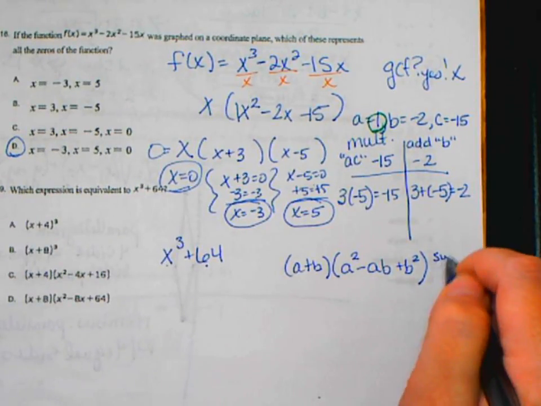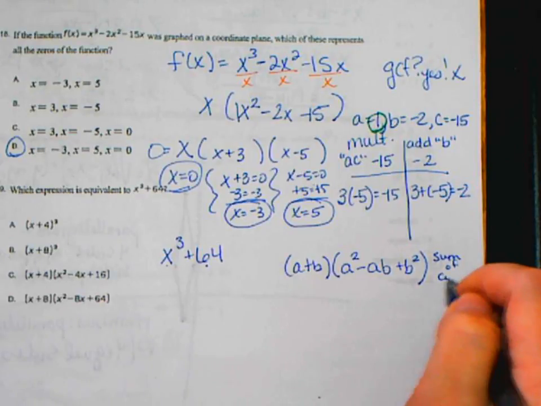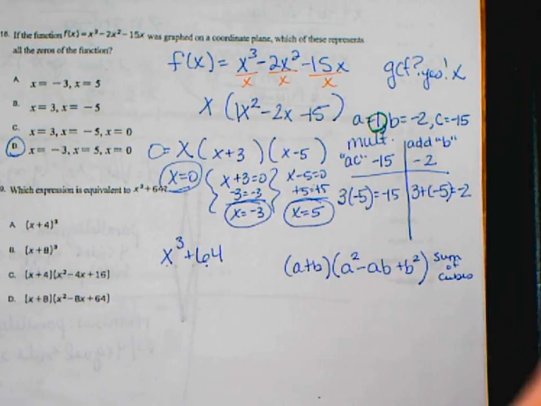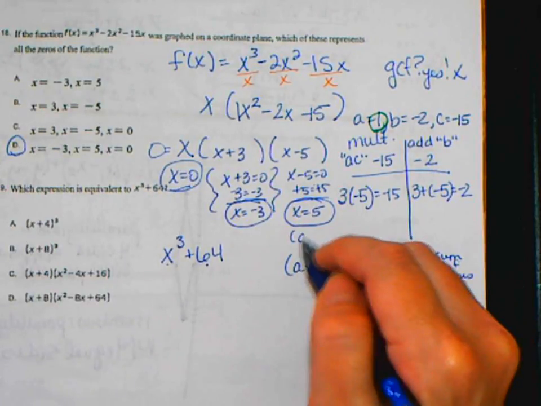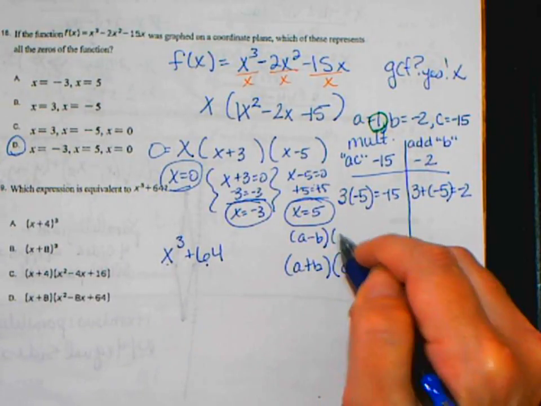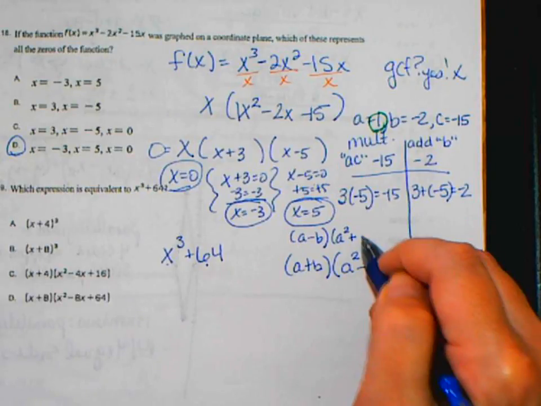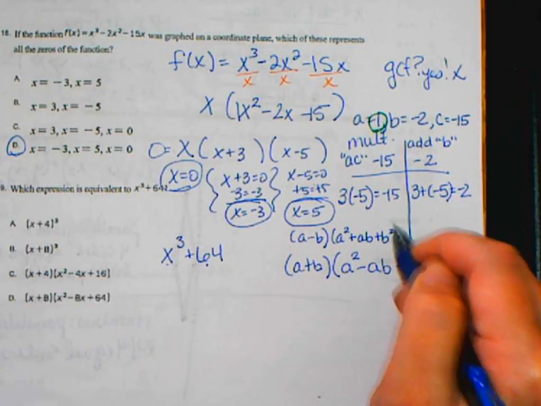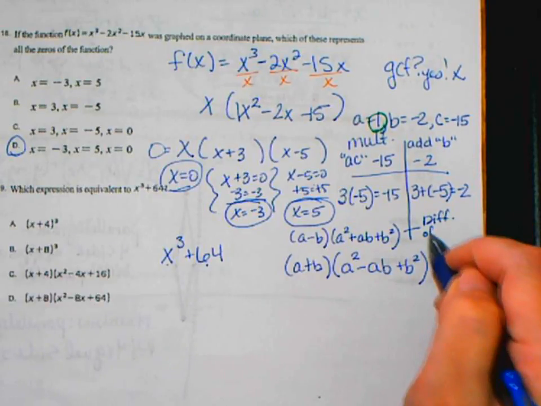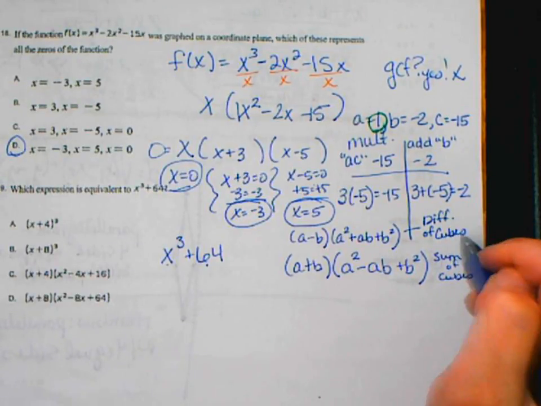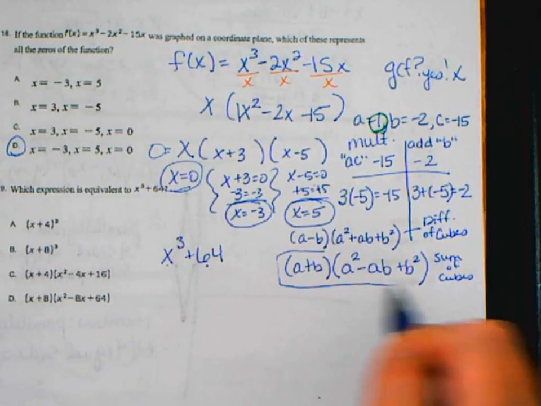And that's for the sum of cubes. Just in case they give you a difference of cubes, it would be a minus b times a squared plus ab plus b squared. That's a difference of cubes. But we are working with the sum of cubes.